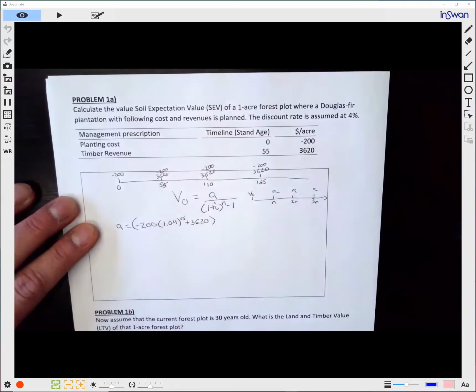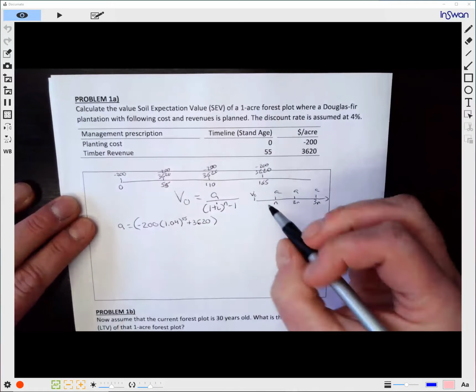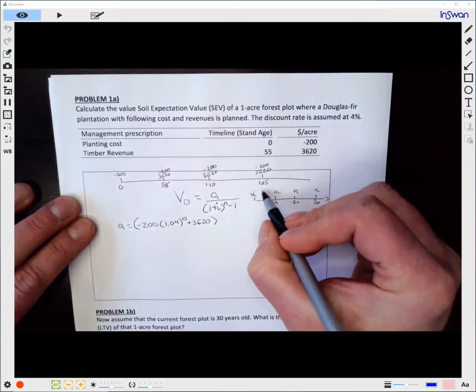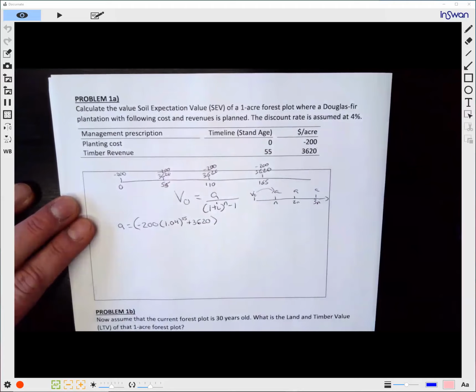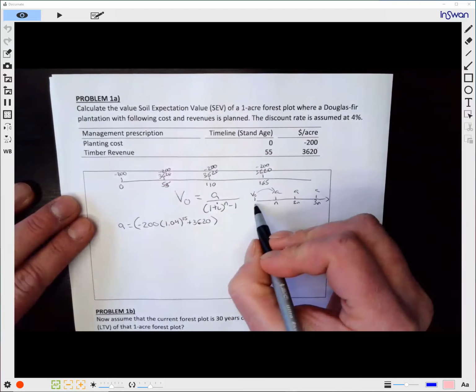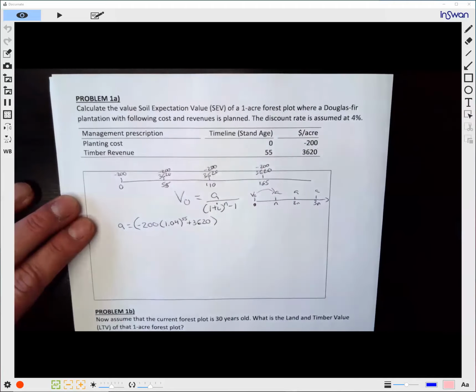So that could be my A. I've basically taken the value that was here and moved it out there, so that when I apply this equation, I've got a solution here at 0.